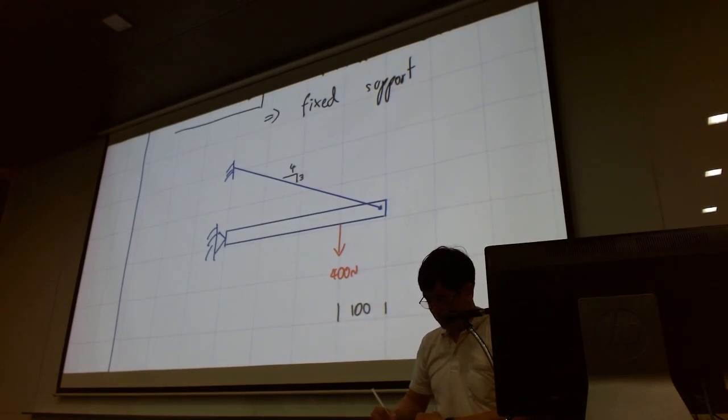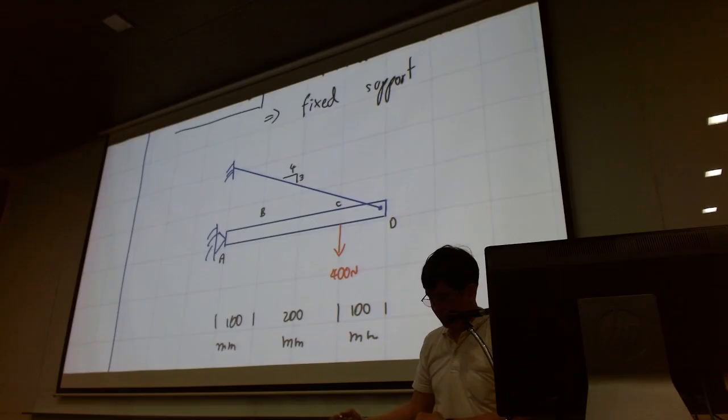So this is hundreds, 200s, hundreds, millimeter. So this is point A, point B, but I'll call this A, this is B, C, and D.